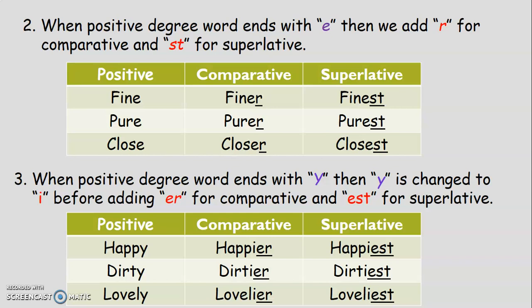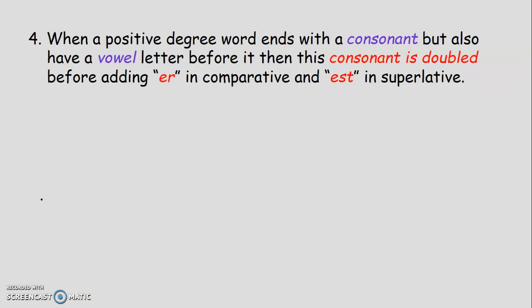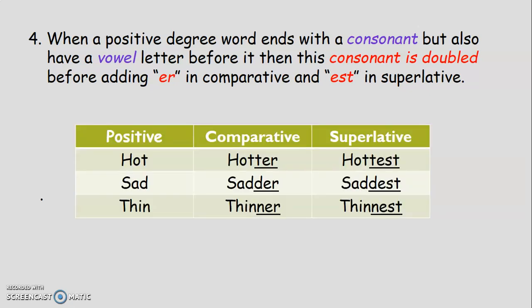Next. When a positive degree word ends with a consonant but also has a vowel letter before it, then the consonant is doubled before adding er in comparative and est in superlative. Let's see what it means with the help of an example. See the first example, hot. T is a consonant, but before that, what is there?